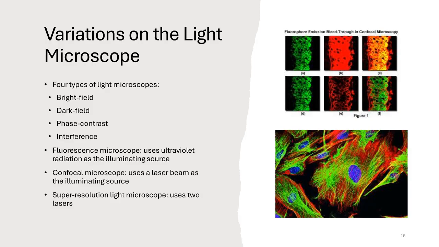So you get this kind of differential fluorescence microscopy, which makes incredible pictures. It uses UV, ultraviolet radiation, as the illuminating source, which excites these different dyes and gives you that kind of differential staining.